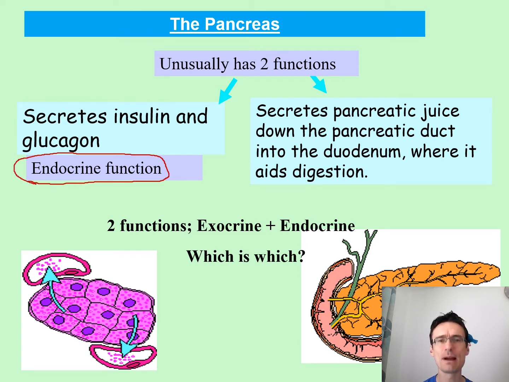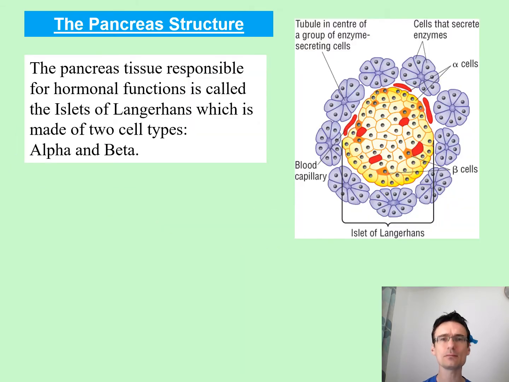But we've also done digestion in the past, and digestion is what we call an exocrine function. When it's releasing enzymes, it always releases them into a duct, into the small intestine, and that's an exocrine function. When it's an endocrine function, it is releasing hormones directly into the bloodstream, and the two hormones that the pancreas releases are insulin and glucagon, as we'll be talking about today.